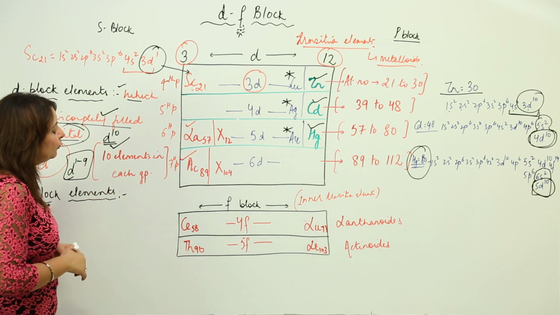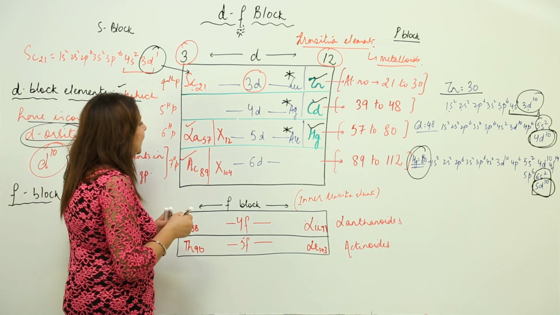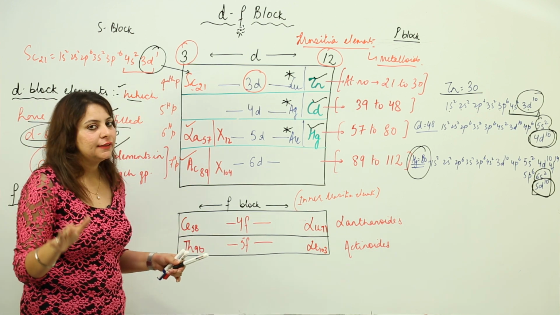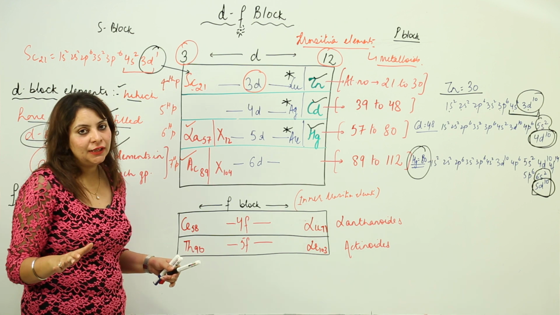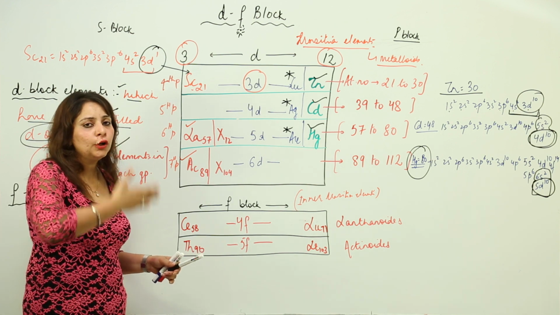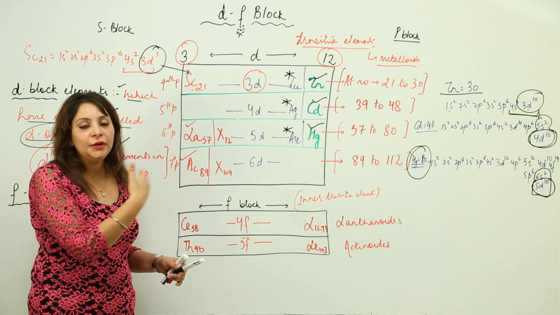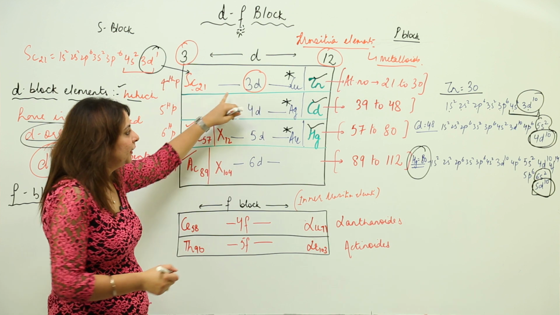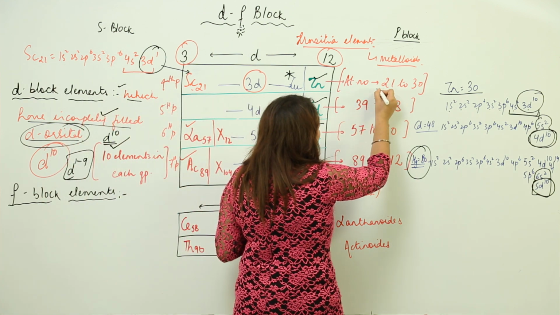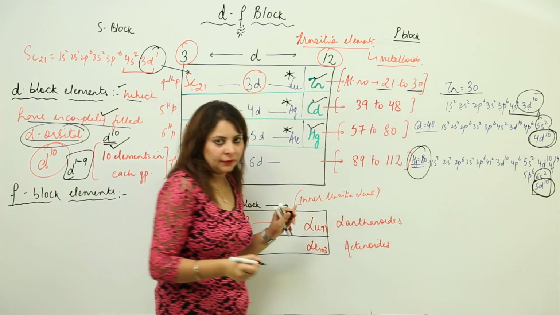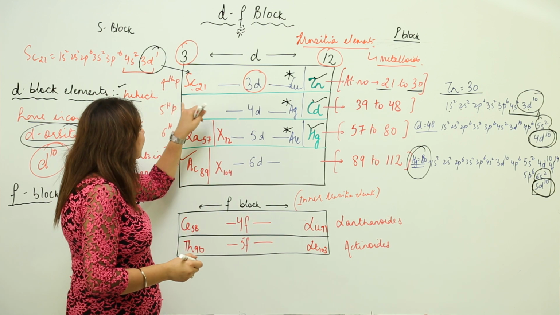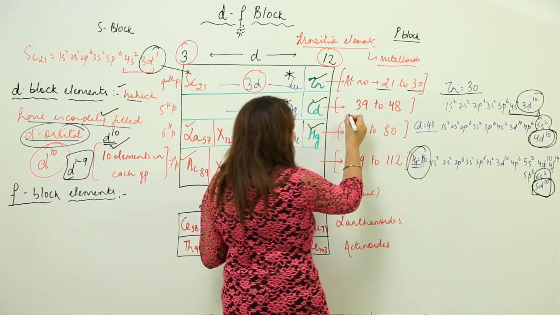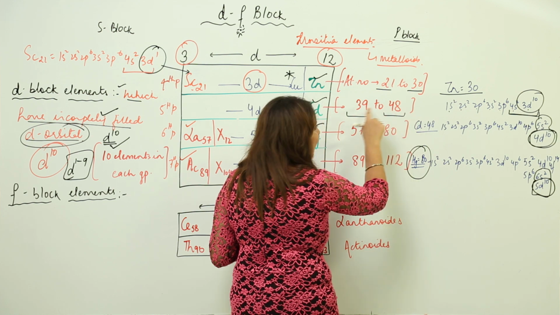Now coming on to the f block, one more thing: when we were doing the d block, you have to remember from what atomic number to what atomic number the periods extend. In the first period, the filling of the 3d orbital will take place. It extends from atomic number 21 to 30, right? You need to remember that. In the second period, it extends from 39 to 48, 10 elements.